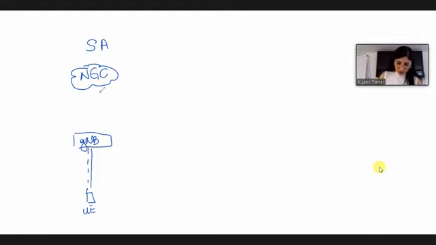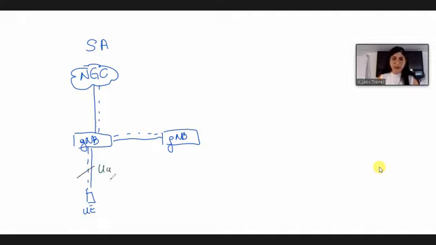And our gNode B can communicate with the core network for both user plane and control plane. And of course, different gNode Bs can directly communicate with each other for both user plane and also control plane. So in this case, if we talk about interfaces, the air interface is still the Uu interface.